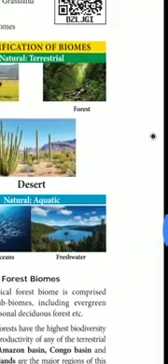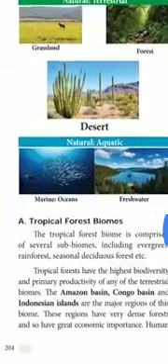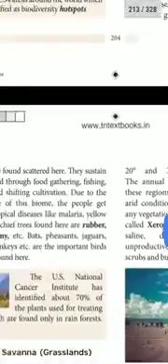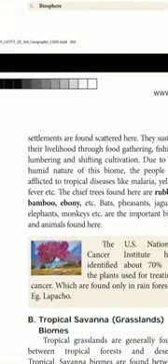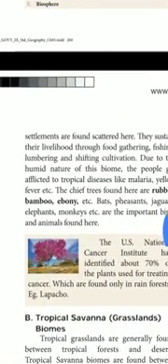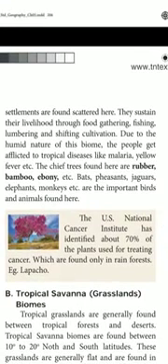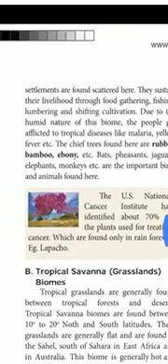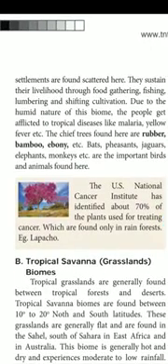Next, human settlements are found here. So human beings are living in the tropical forest biome. Human settlements are found scattered here. They sustain their livelihood through food gathering, fishing, lumbering, and shifting cultivation.